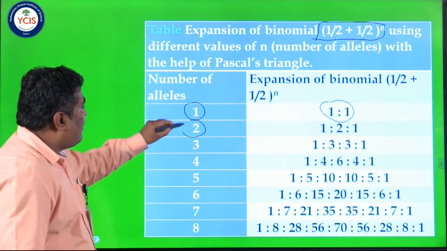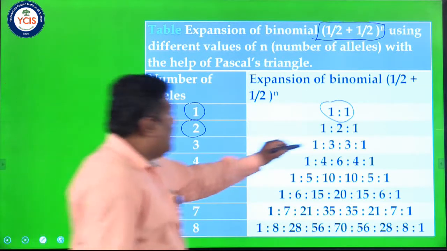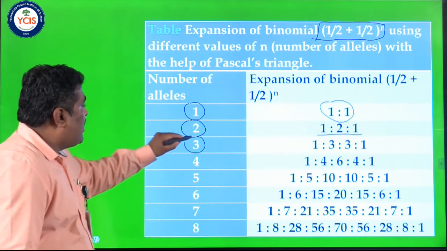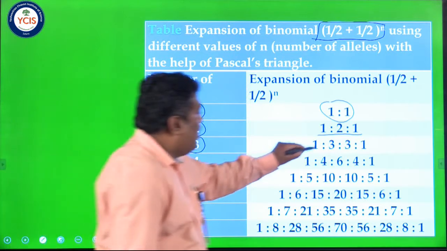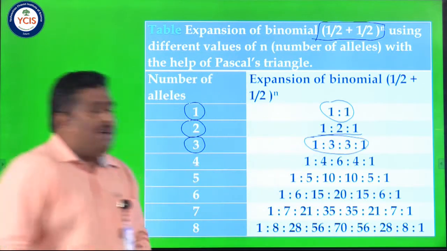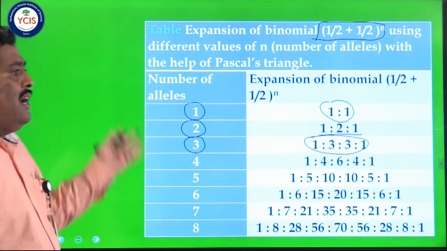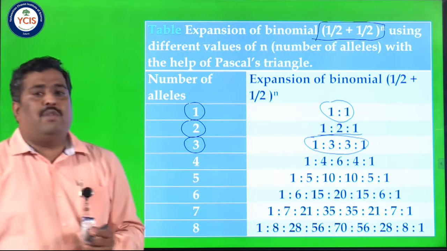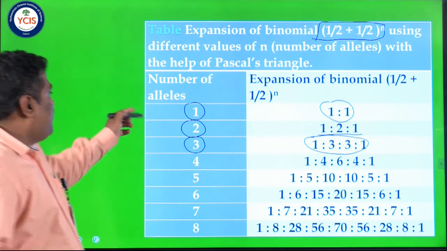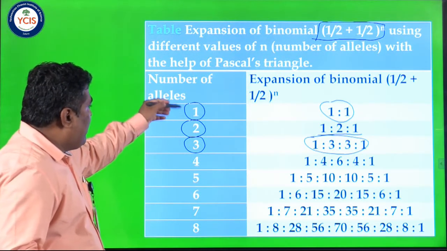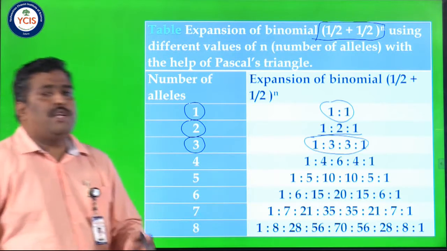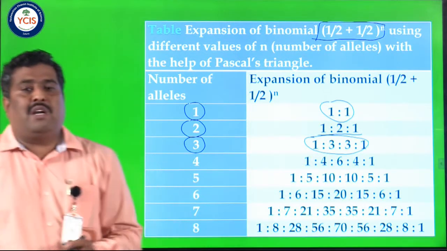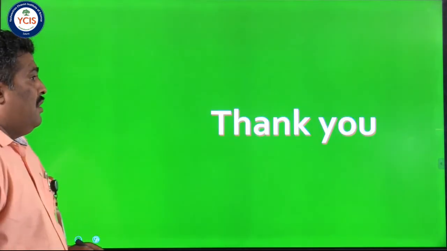If 2 alleles contribute to a particular character, we have a 1:2:1 ratio. If there are 3 contributing alleles, we have the ratio 1:3:3:1. If we continue with this, we can have different ratios for the number of alleles contributing to that phenotypic trait. Okay, so thank you.